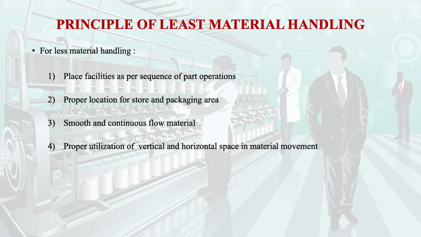Then proper utilization of vertical and horizontal space in case of material movement. The example of vertical movement is your cranes or your hoist or your overhead cranes which travel across the shop floor by operating with the help of a remote.